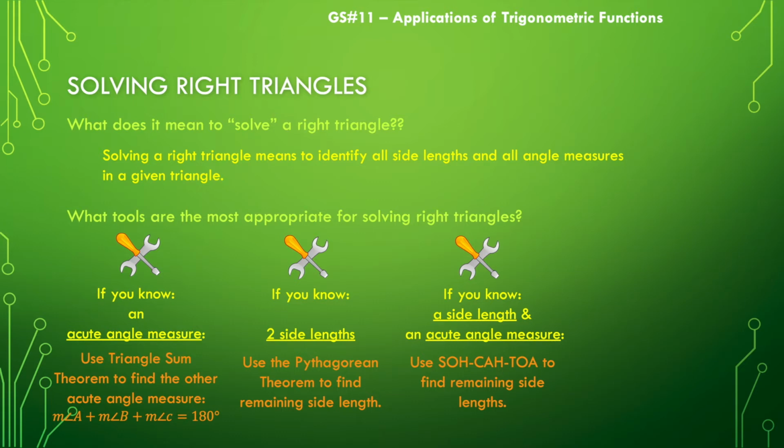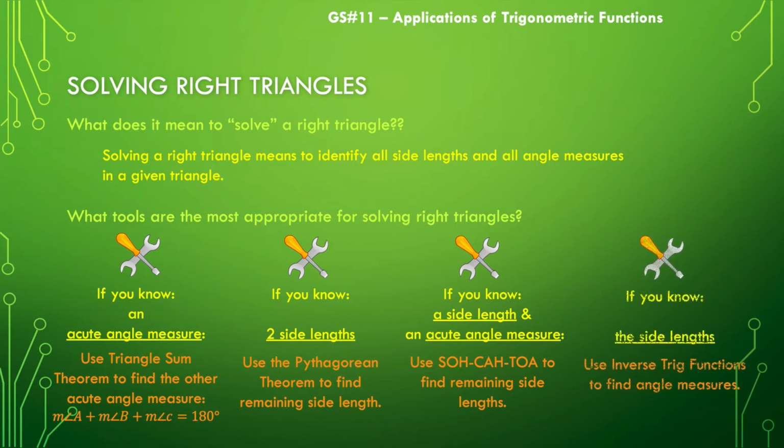And the tangent of an angle is the ratio of the opposite side to the adjacent side. Depending on what you know, if you know a side length and an acute angle measure, that would be appropriate. And lastly, if you just know the side lengths and you need to find the angle measures, you're going to use the inverse trig functions with right triangle trig to find those angle measures.